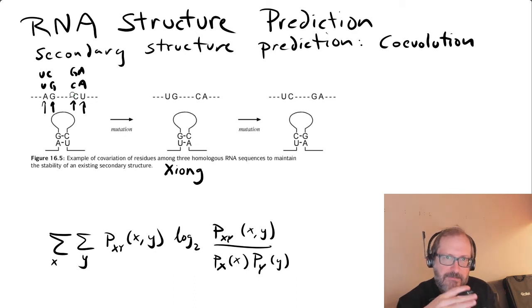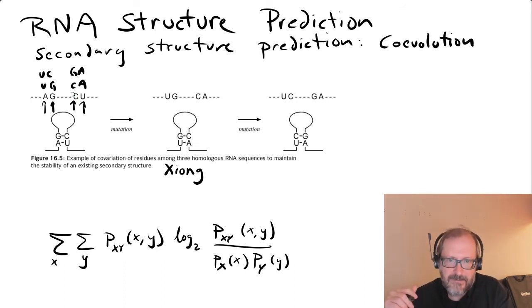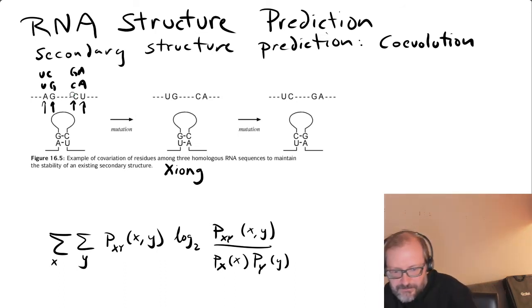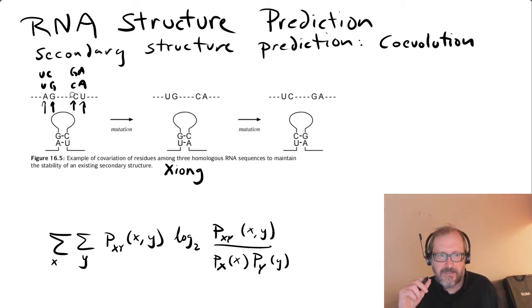Even that might not be enough to really convince you that there's a pattern, but anyway, the idea is that if you see lots and lots of sequences, like in a bigger non-cartoon example, you should be able to show whether these are changing in a coordinated fashion. One way to compute this, the most intuitive way, and the way that's most firmly rooted in information theory, is by computing the mutual information.